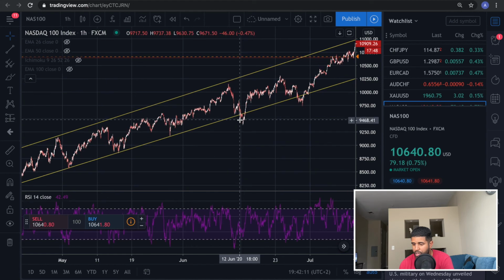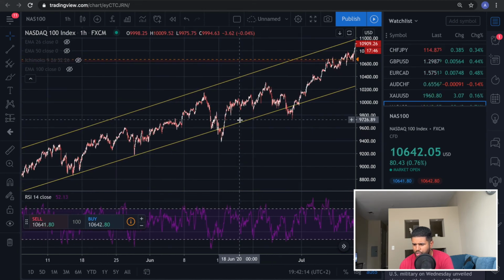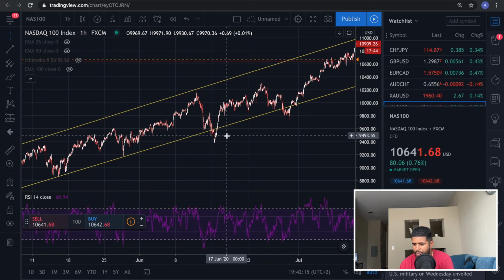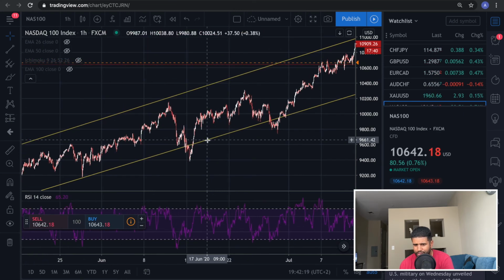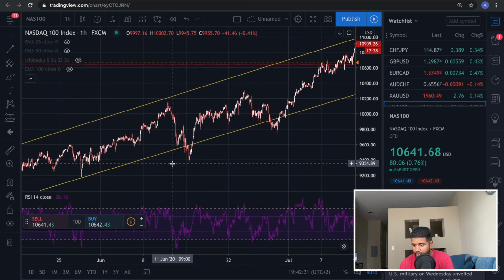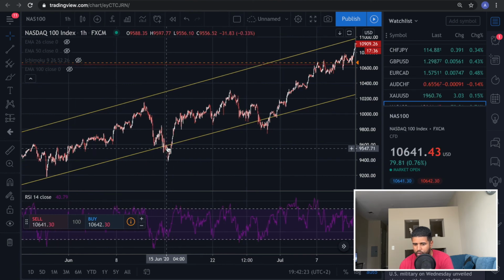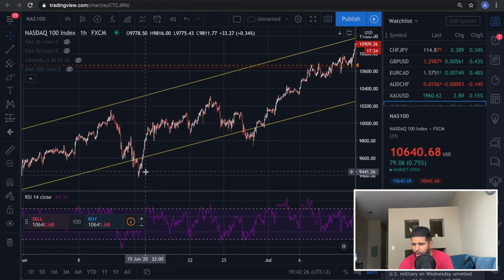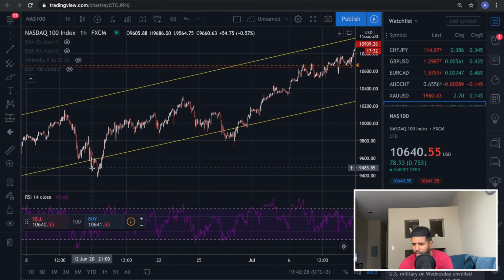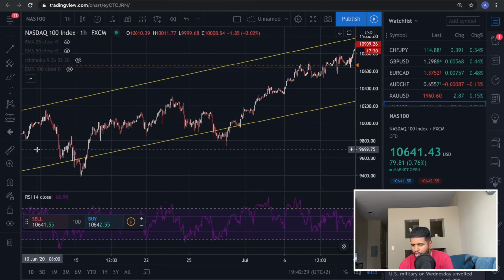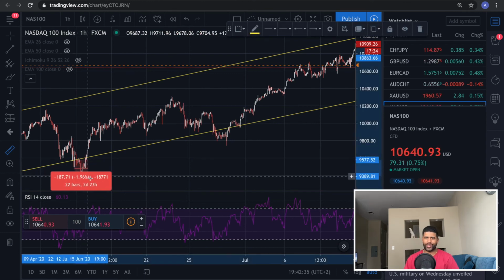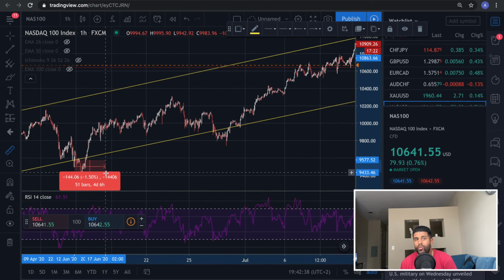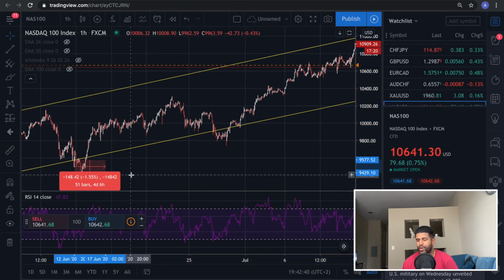I would not recommend trading NASDAQ if you don't have a big enough account, because with this, for instance, if you was to get in right here for a buy because you're thinking it's gonna come off of this trend line, you would have to risk 205 pips. Now that's ridiculous. You would have to have a big account to risk that much.